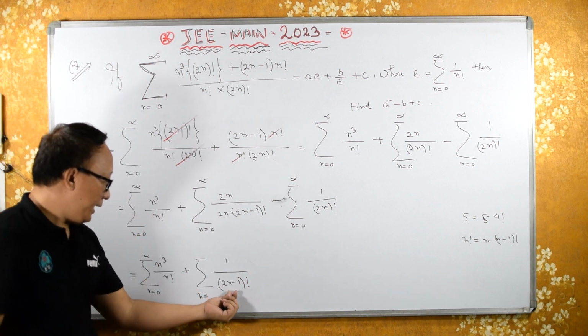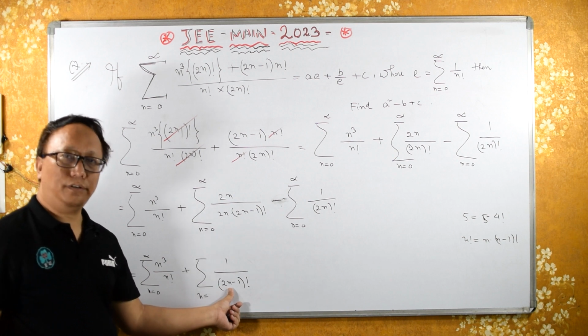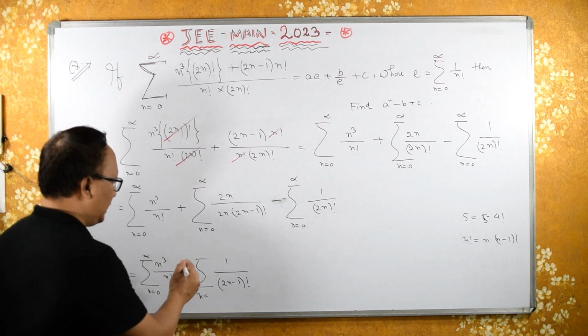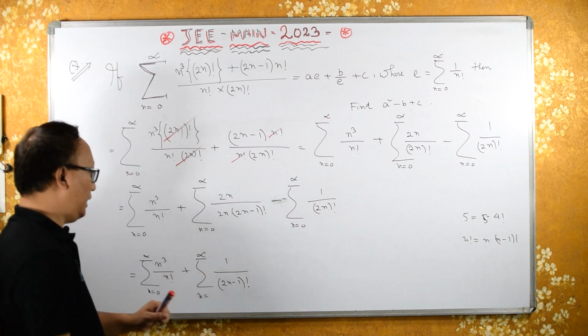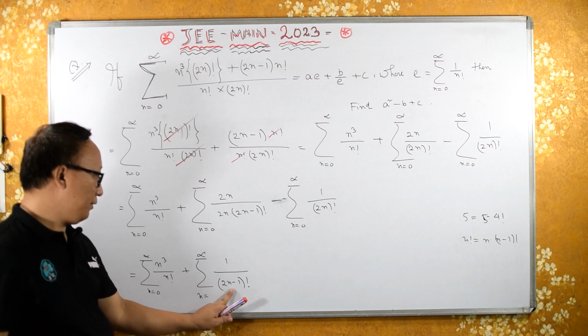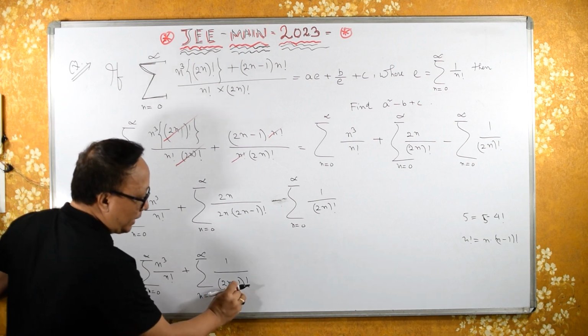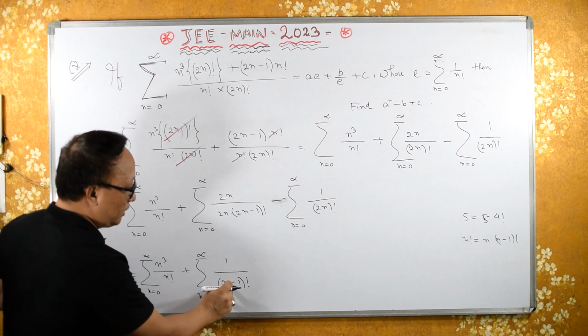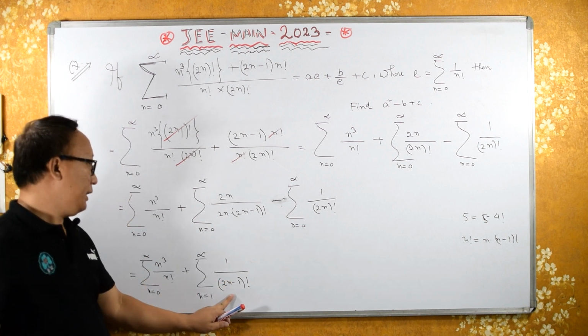When n equals 0 over here, it becomes minus 1 factorial, which doesn't work. Now if I start at 1 instead of 0, then twice 1 minus 1 is 1. Okay, it can start from 1.